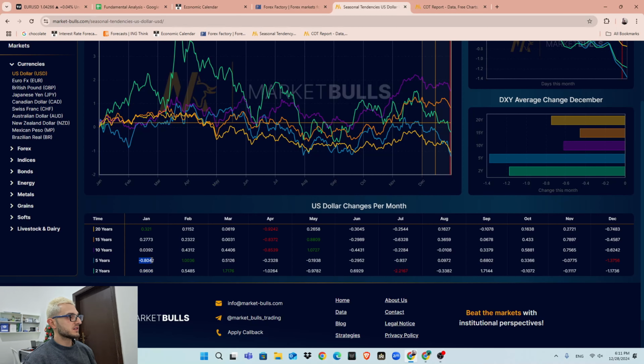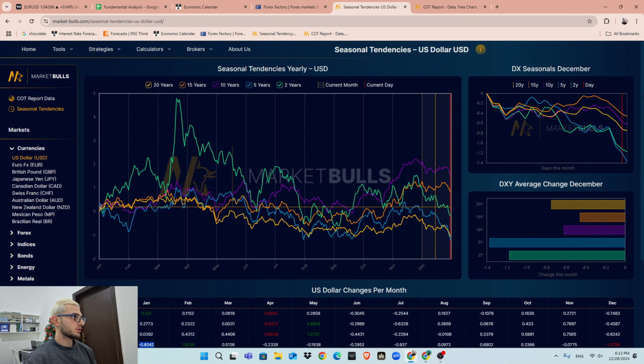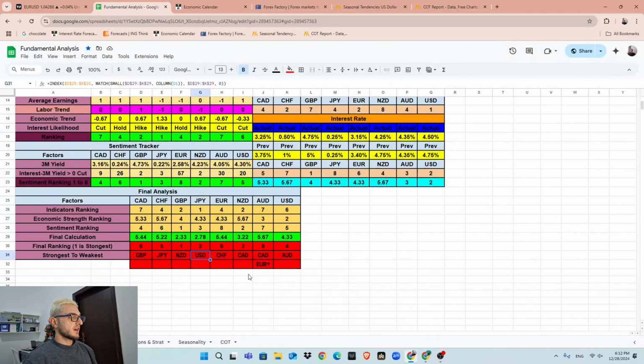Just the 5 years had some problems, but based on the overall seasonality, it will be an appreciation for the US dollar.